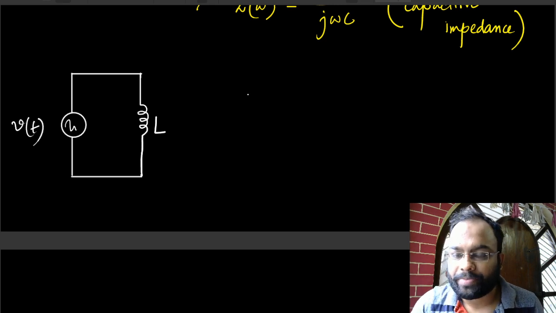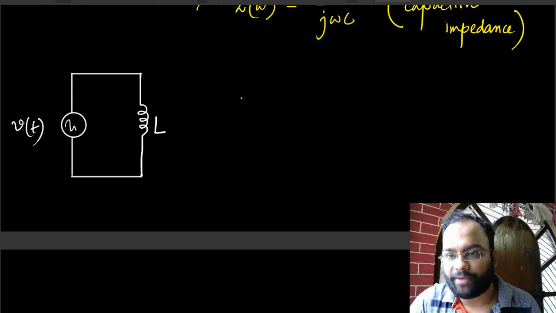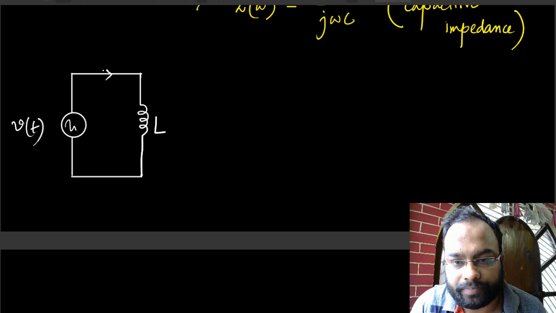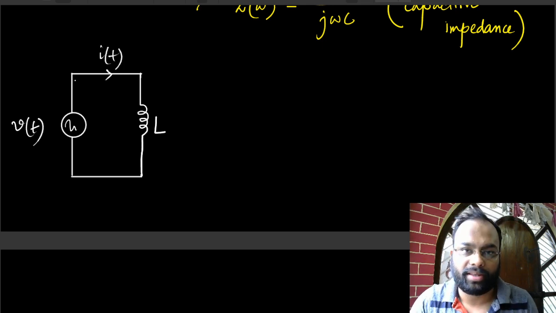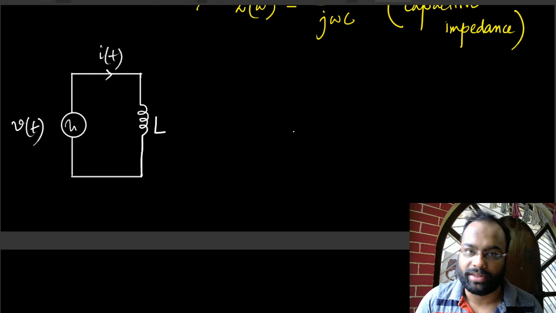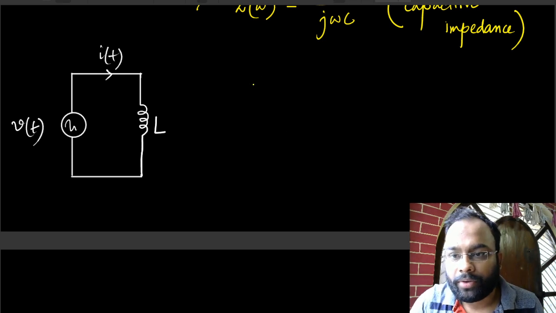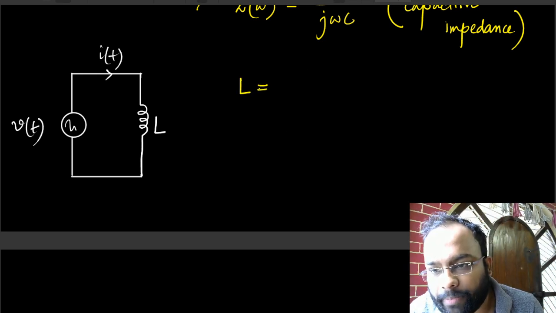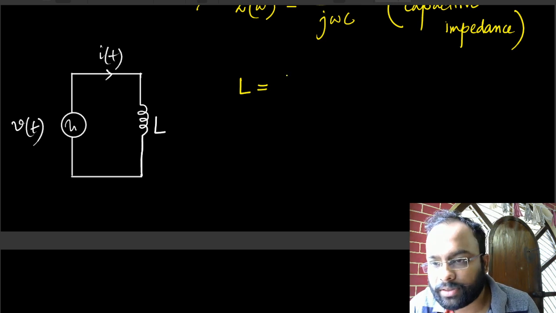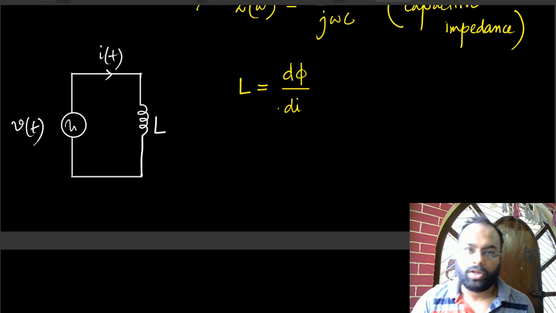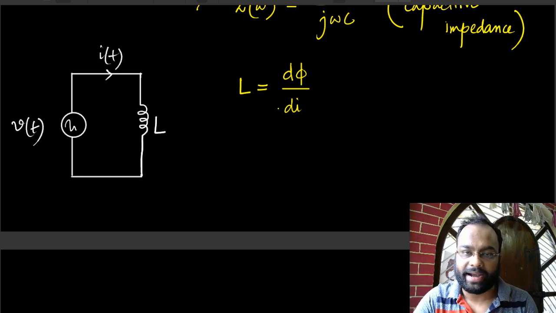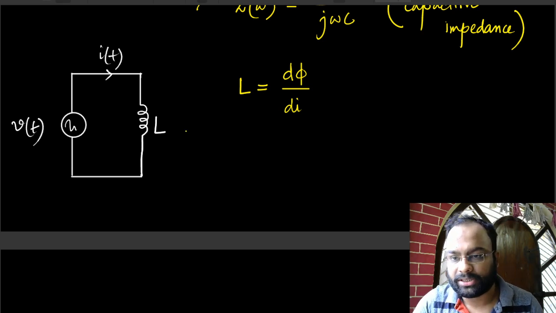In any case, for an ideal inductor here, again, we are considering ideal situations, everything is ideal, right? Inductance is defined as the rate of change of magnetic flux with current. If I change the current through an inductor, how quickly or slowly does the magnetic flux induced in the inductor change? That is how we define inductance.